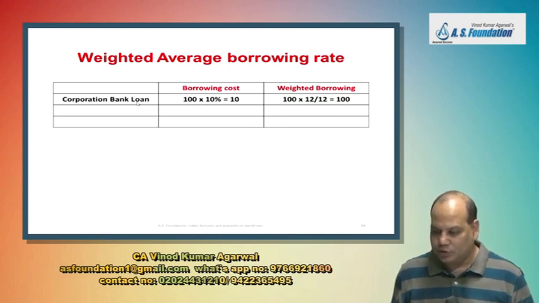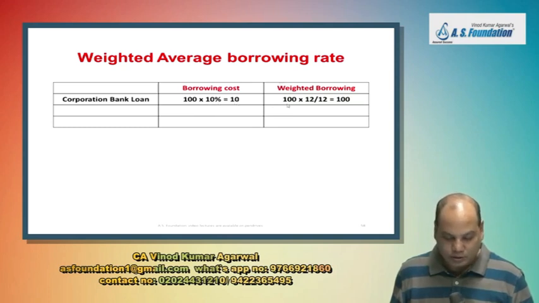So first is Corporation Bank loan. We have taken 100 lakh into 10%, equal to 10. And it is outstanding for the entire 12 months period, right? 100 into 12 by 12, 100.